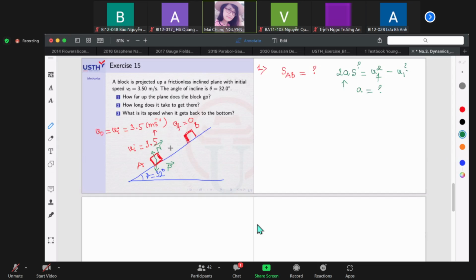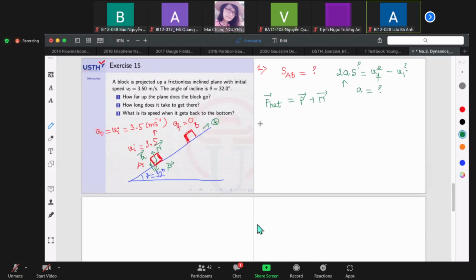So there are 2 forces here, the weight and the normal force. In this case, because we just consider the position below the plane like this, we don't care so much about the normal force. We just care about the component of the weight along the plane, named Px, for example. So the net force is equal to P plus the normal force, right?